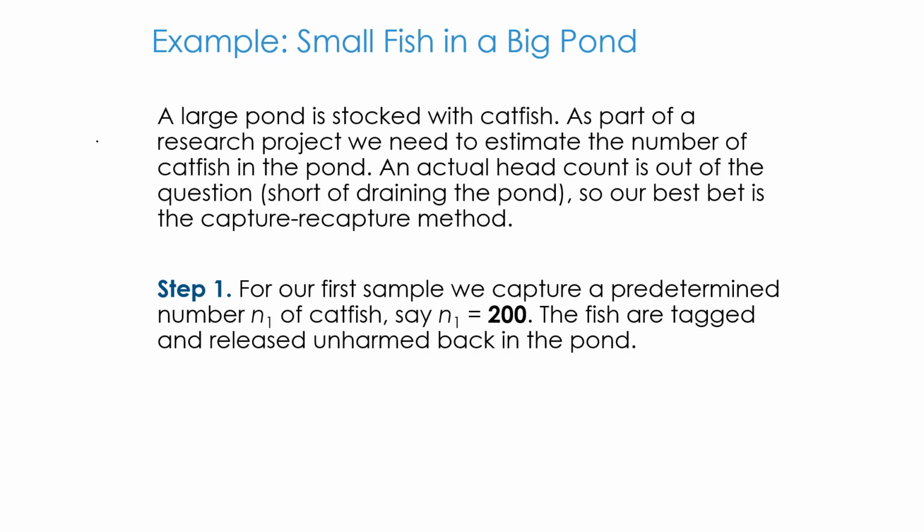Step 1. For our first sample, we capture the predetermined number N1 of catfish. Say N1 equals 200. The fish are tagged and released unharmed back in the pond. So N1, of the entire fish population, is how many are tagged. So there are 200 tagged.